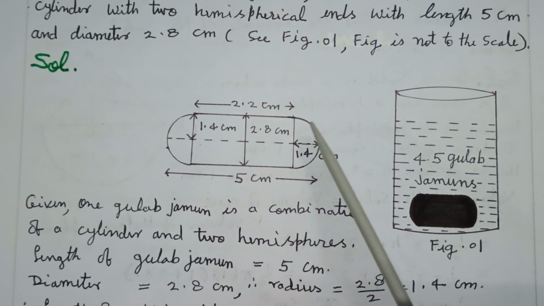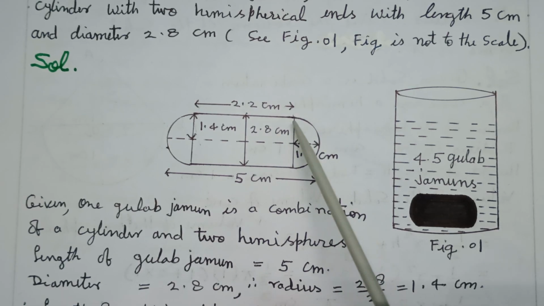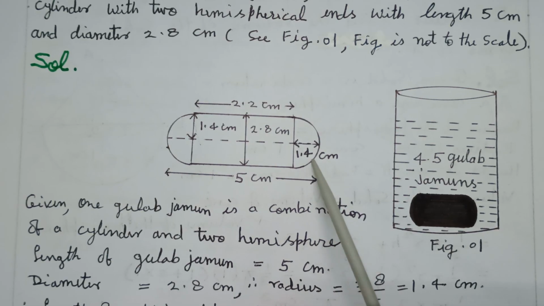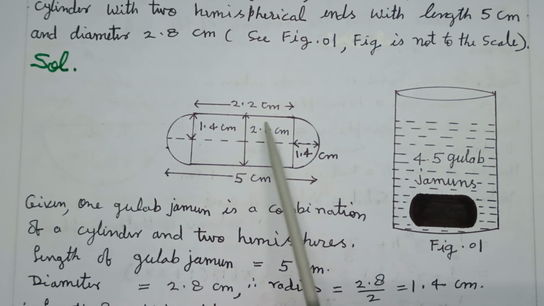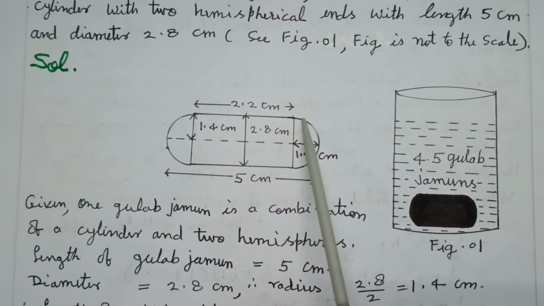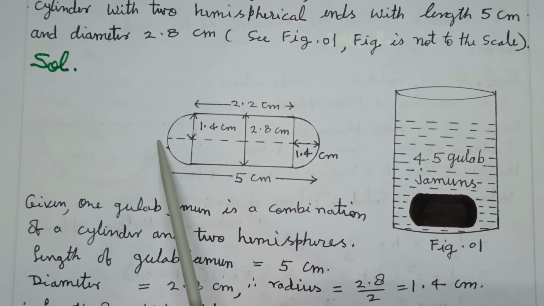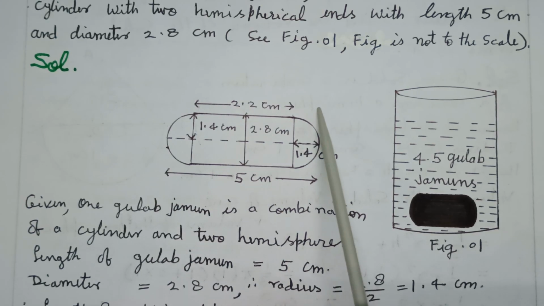So the radius of the cylindrical part and hemispherical part is 1.4 centimeter and the length of the cylindrical part is equal to 5 minus 1.4 minus 1.4 is equal to 2.2 centimeter.